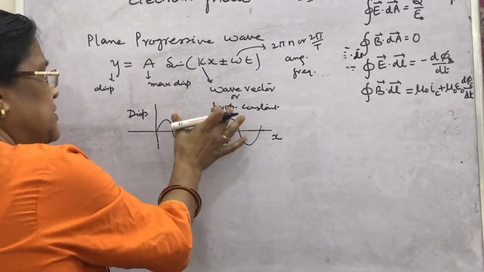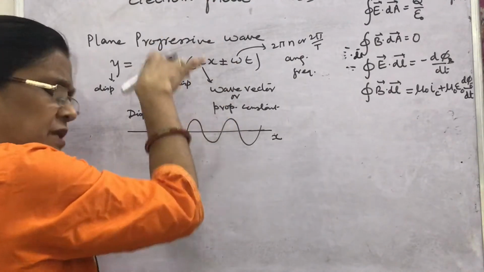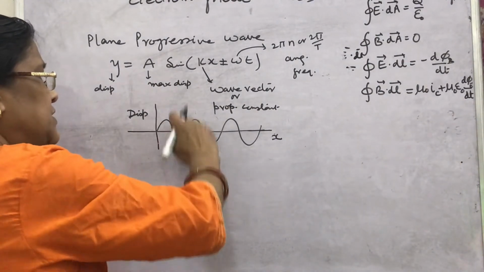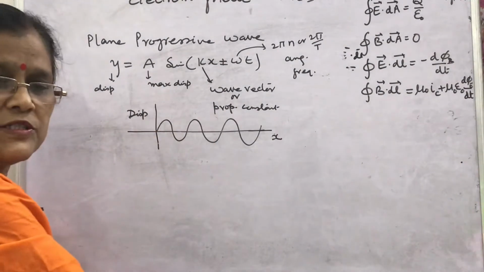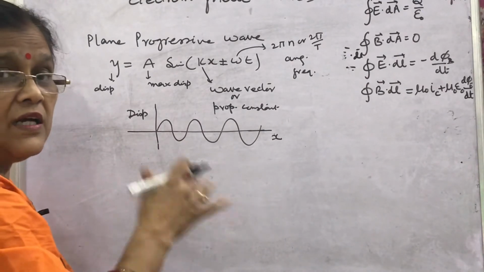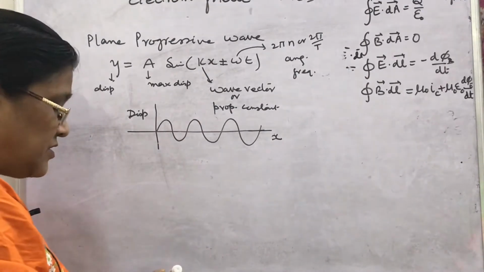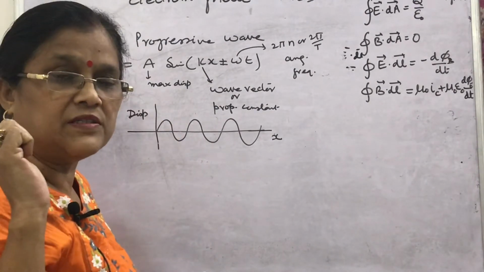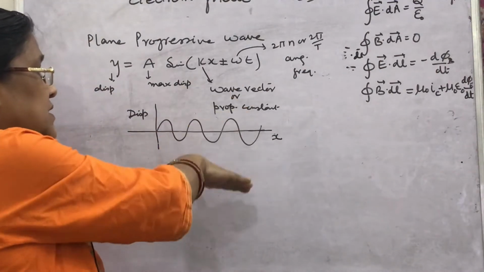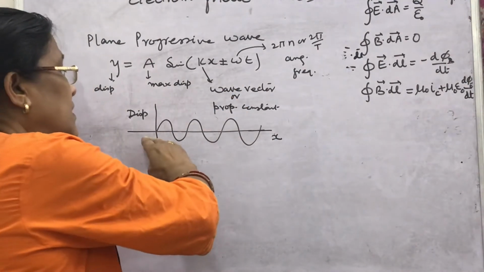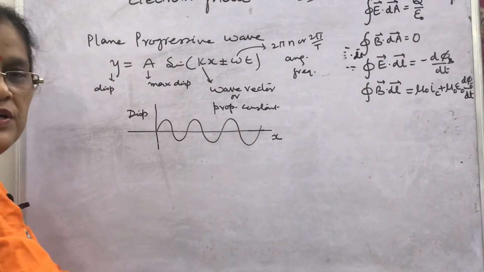Suppose this progressive wave is in any medium, then the medium particles oscillate about their mean position. Do they leave their place? In class 11 you must have read that elasticity and inertia are the two properties of the medium in which a wave travels. So medium particles oscillate to and fro about their mean position and the disturbance progresses forward.